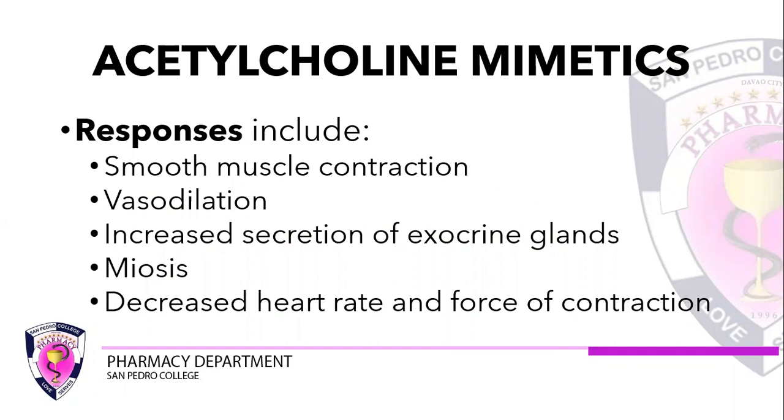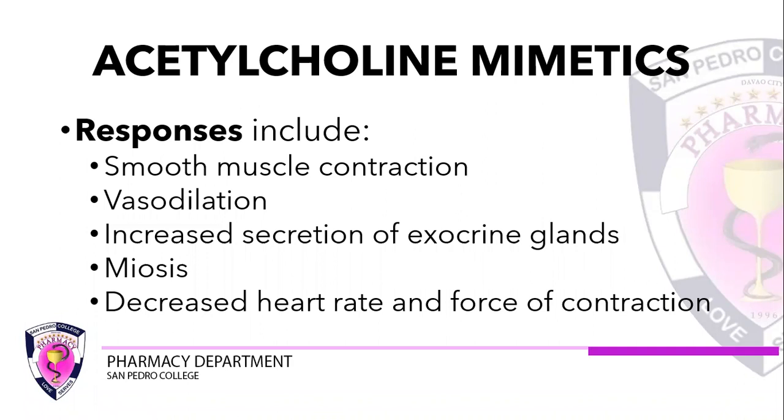So expect the following responses: smooth muscle contraction, which leads to, for example in your glands, the secretion of fluids. Another is vasodilation, increased secretion of exocrine glands, meiosis, and decreased heart rate and force of contraction.